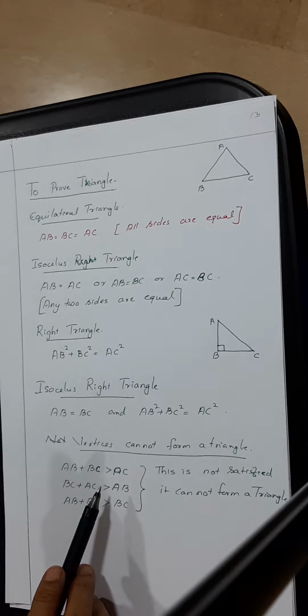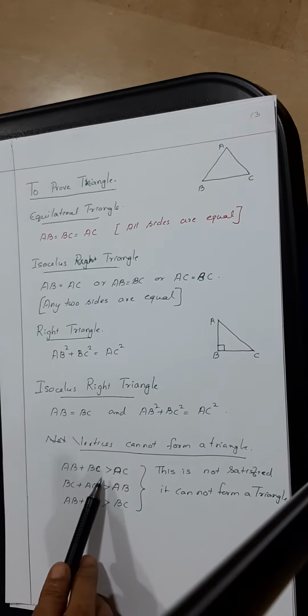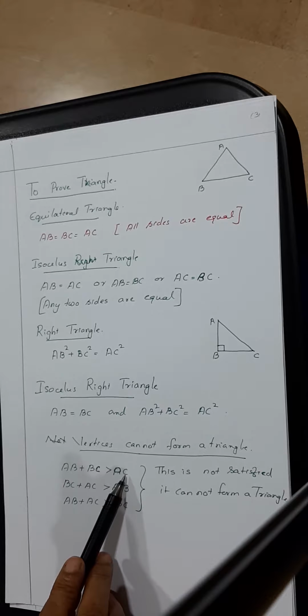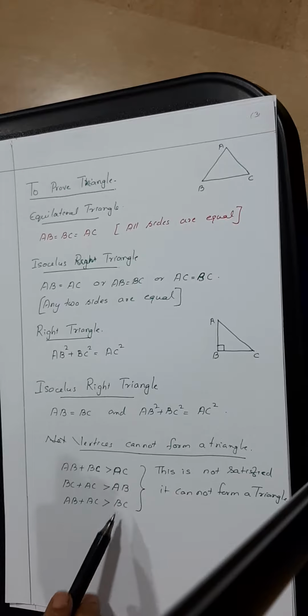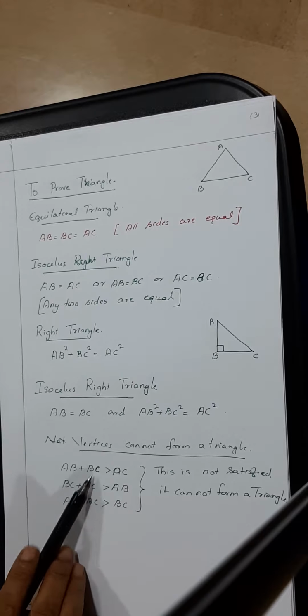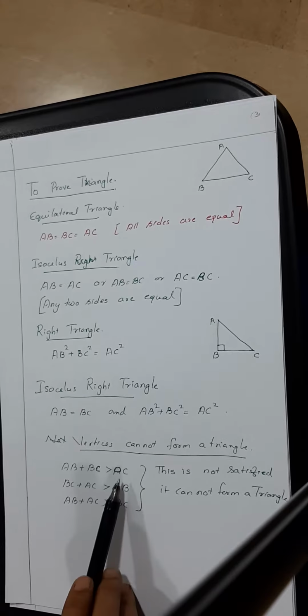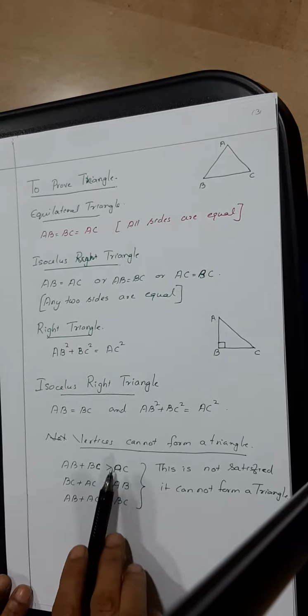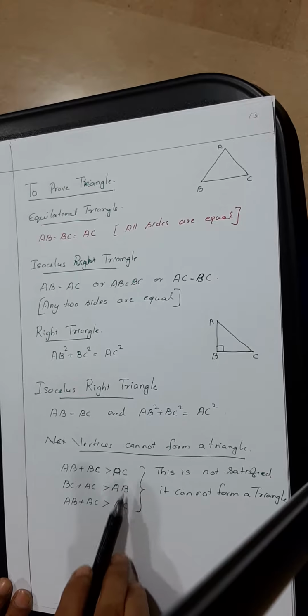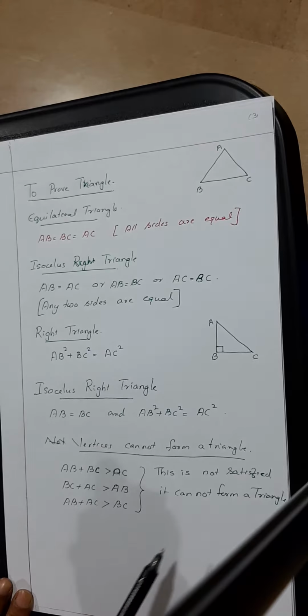Even if it is equal, you cannot form a triangle. It has to be always greater than the third side. Sum of any 2 sides has to be greater than the third side. So, you can try this, and if it is not satisfied, then it cannot form a triangle. You have to see that all the three conditions are satisfied.